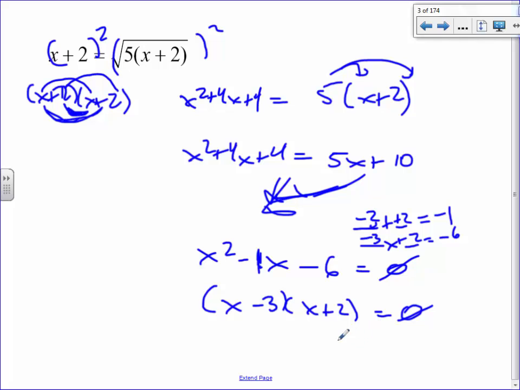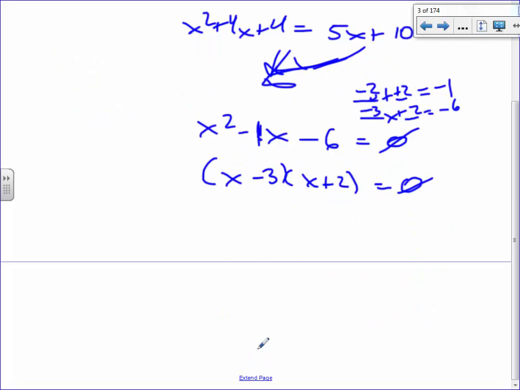So what are my answers? Quick recap of terminology. These guys right here, we call these things roots. These guys right here, we call them factors.